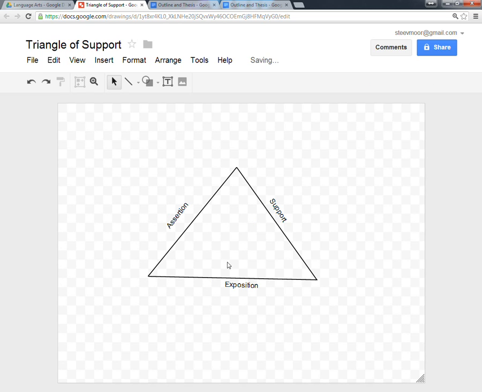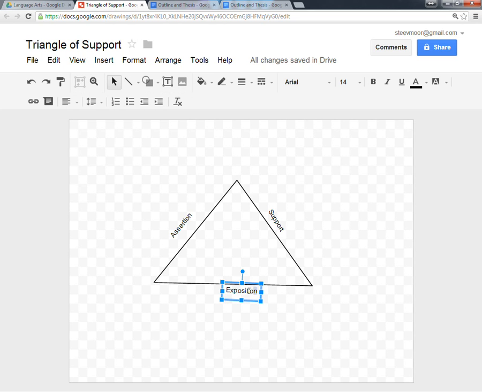So what these end up being in a paragraph is your first sentence in each paragraph should be this. Your second sentence in each paragraph should include this. So possibly a quote, possibly some sort of data, but it goes in the middle of your paragraph, and then the end of your paragraph should be explaining how your support supports what you're asserting.